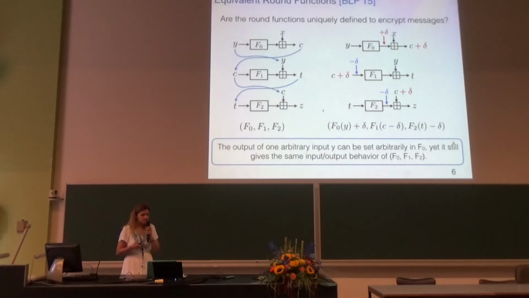The power is basically picking an arbitrary input Y and evaluating the first round function on this input arbitrarily. So this will give just one input-output pair for each of the tables that I will have for the Feistel network. And this will guarantee that I will still have the same input-output behavior as the real round functions used for encryption.